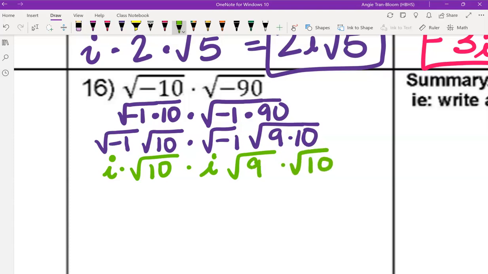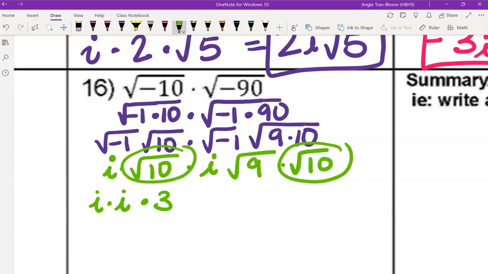So i times i, put it together as i squared. So let me write it first. i times i, okay? Then we want to write square root of 9, which we know is 3. Square root of 9 is 3. We have square root of 10, and there are 2 of those. So what you want to do is put them together under one big radical when you have more than 1.